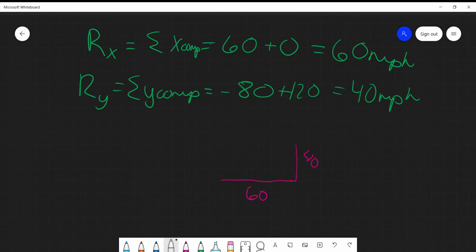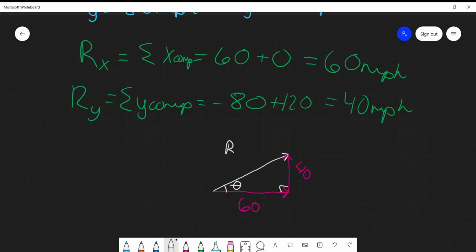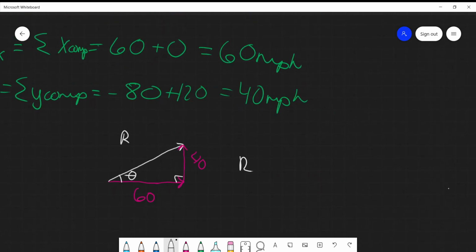And our resultant vector is the hypotenuse between those two, going like this, okay? So we still need to find what r is, and we still need to find what theta is. But since we made this triangle using the x and y components, we know that it is a right triangle, which means we can find what r equals by using Pythagorean theorem.